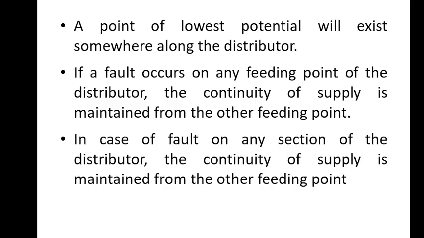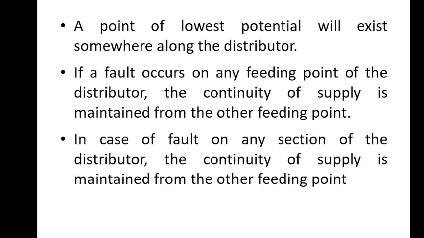A key advantage of this configuration is its high reliability. If a fault occurs at one of the feeding points, the distributor can still be supplied from the other end, ensuring continuity of service.